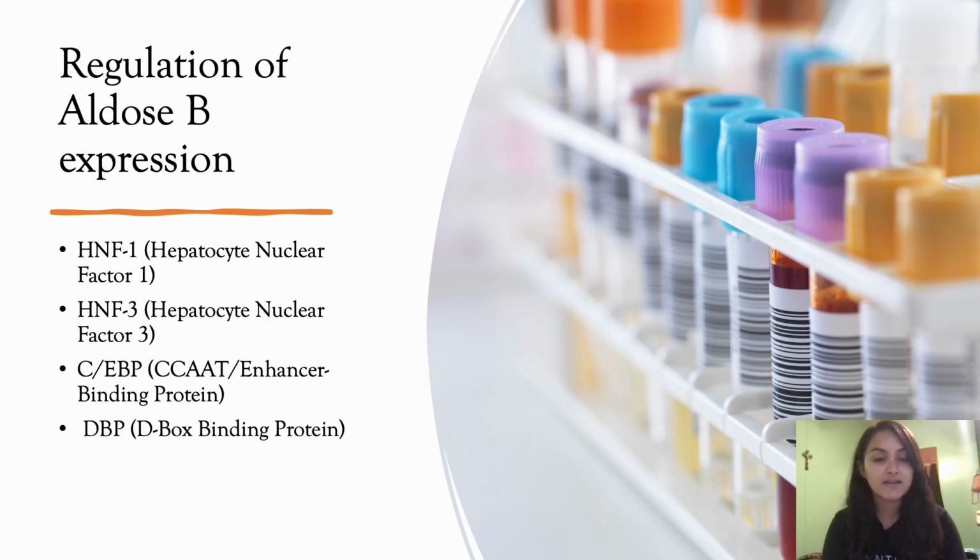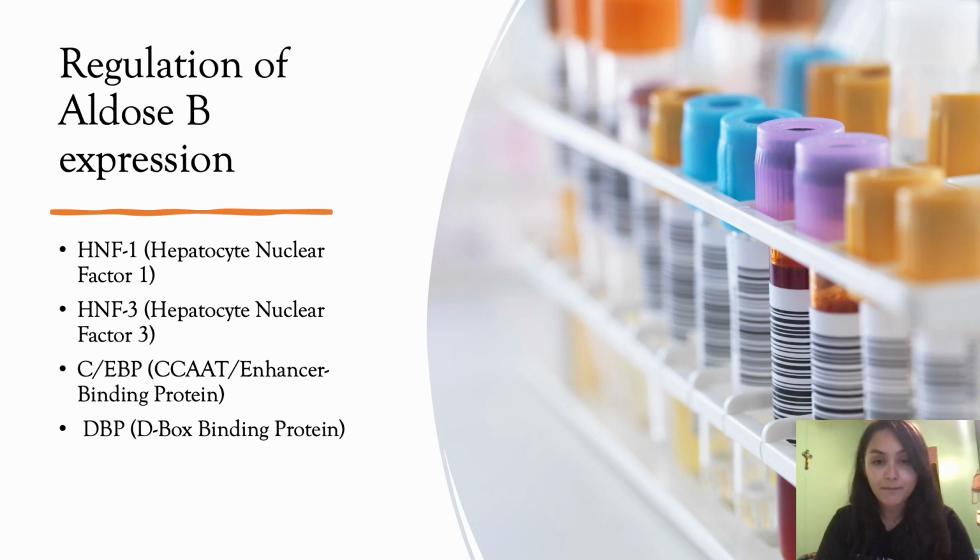Secondly, HNF3, which is hepatocyte nuclear factor 3, is a family of transcription factors that include HNF3 alpha, HNF3 beta, and HNF3 gamma. These factors are involved in liver development and the regulation of liver-specific genes.